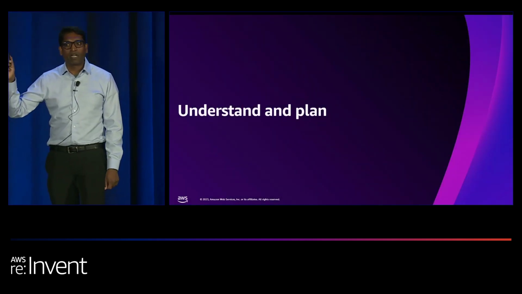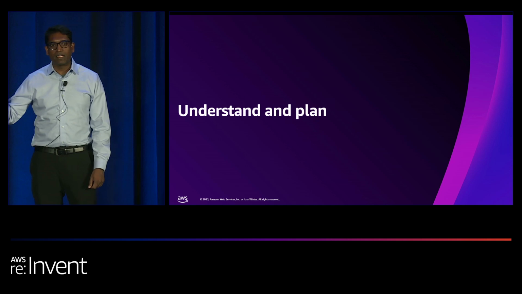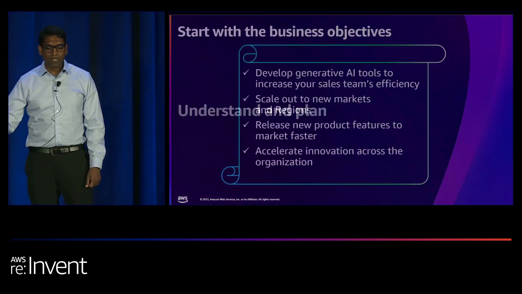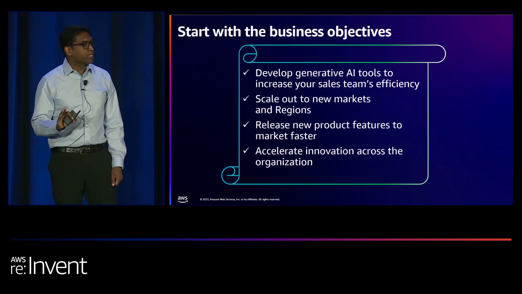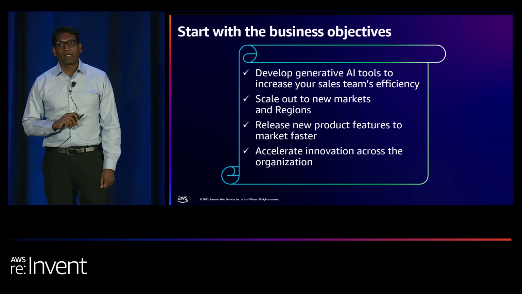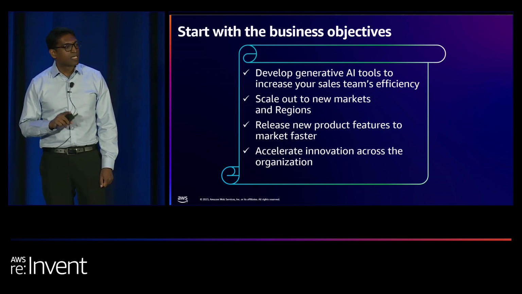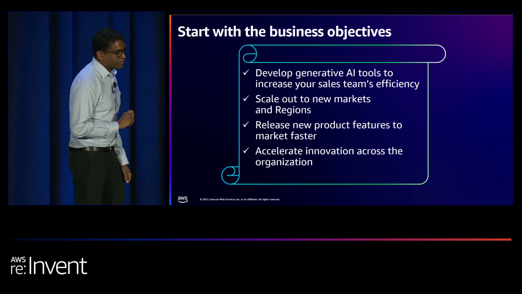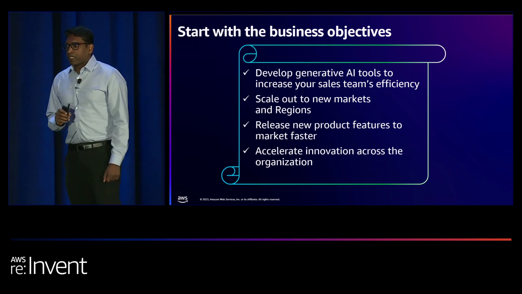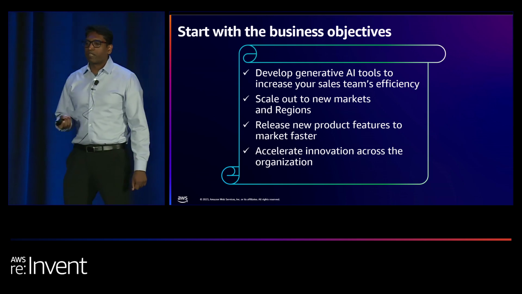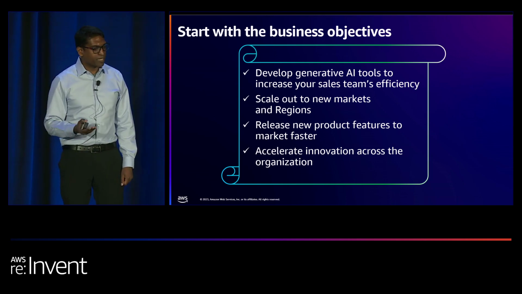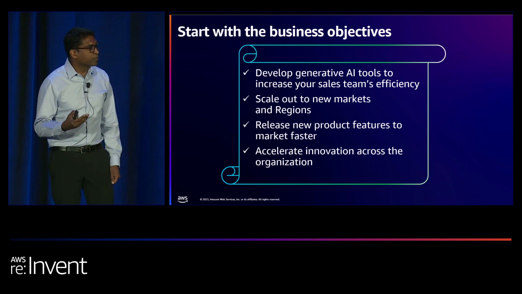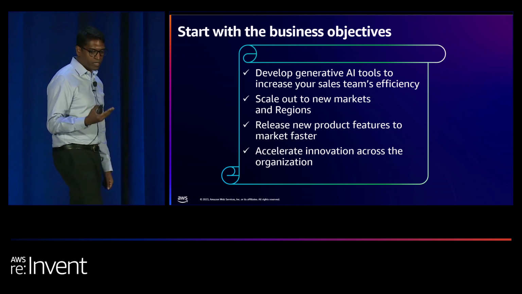So we start with our very first stage, the understand and plan. And we start quickly with a couple of fundamental concepts. The first is start with your business objectives. Organizations are looking at generative AI tools, they're looking at analytical tools, they're trying to scale out to new markets and regions to increase revenue.